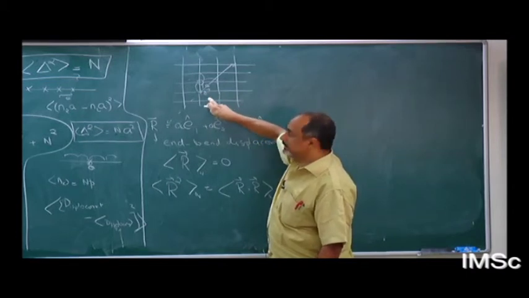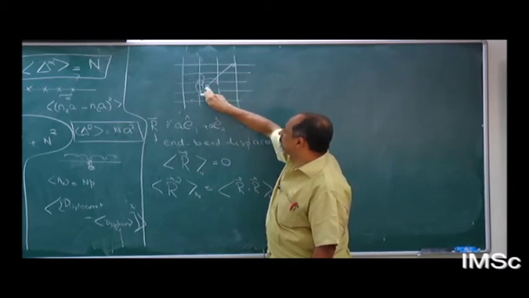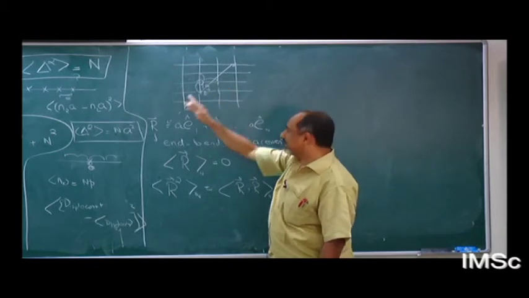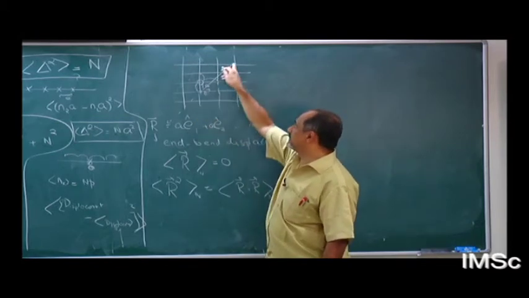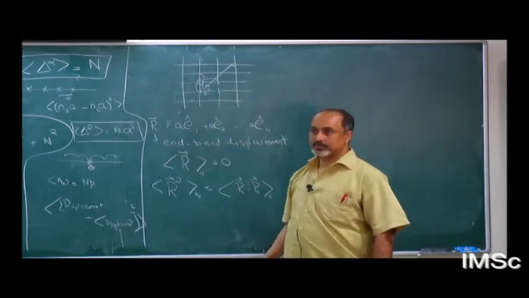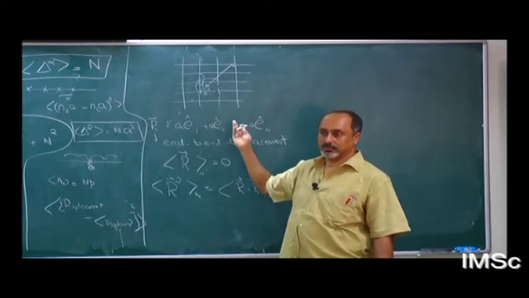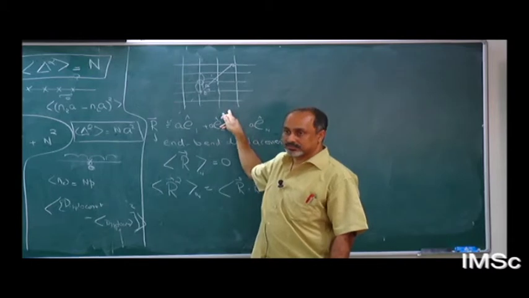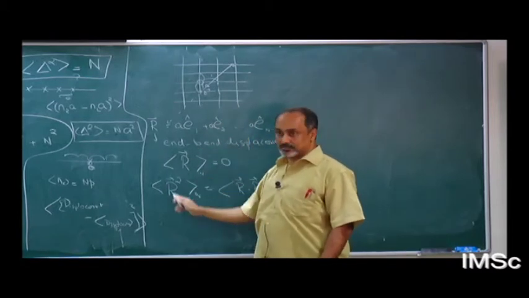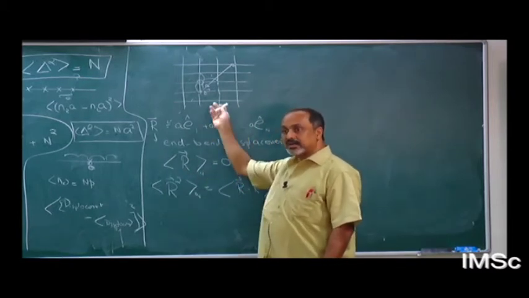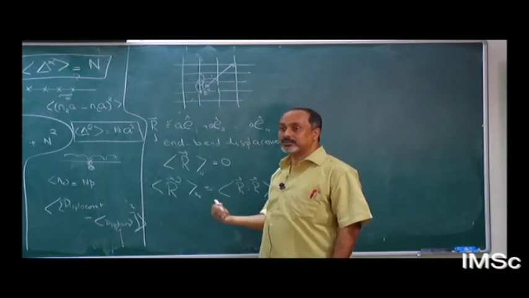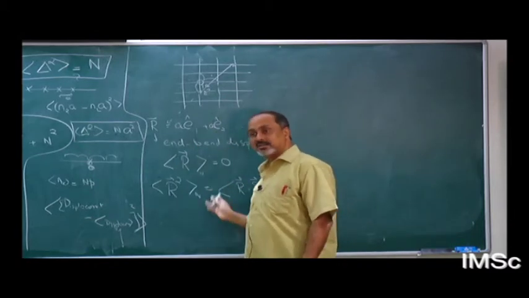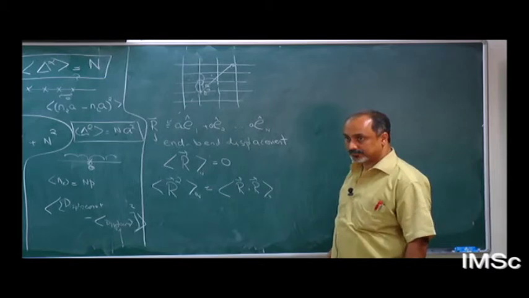If I made 2 steps and moved from here to here, r would be a vector in this direction. After n steps, I started here and moved here. But depending upon the steps I took, I could wind up here or here or here. So this is an average value. And all I'm saying is, by symmetry, r and minus r have the same probability, so when I average, those quantities go to 0.